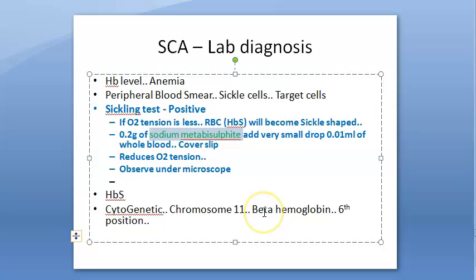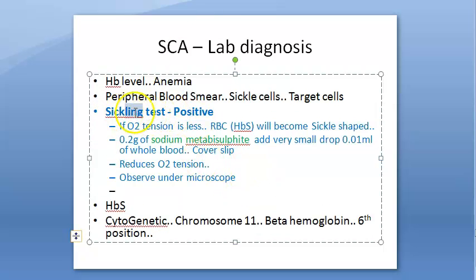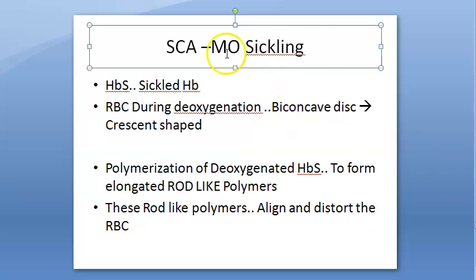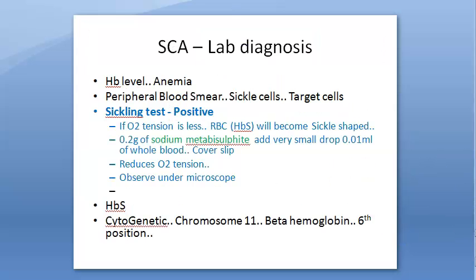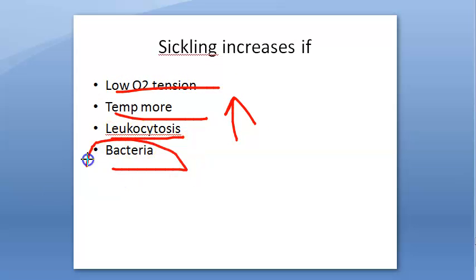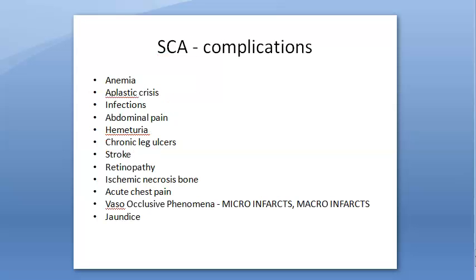Sodium metabisulfite reduces the oxygen tension, hence the RBCs become sickle shaped. That's all for the sickling test. Sickling increases if the oxygen tension is low, if the temperature is more, if there is leukocytosis, even if there are bacteria. Now the last question they have asked is the complications of sickle cell anemia.